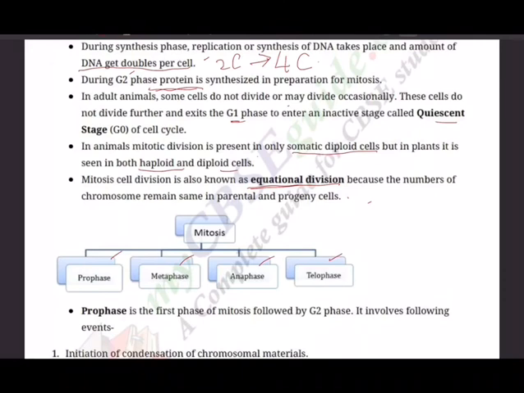As the daughter cells resemble their mother cell genetically, it is also called duplication division or equational division. Mitosis leads to production of diploid daughter cells with identical genetic complement and helps to restore the nucleo-cytoplasmic ratio. It also replaces old cells and helps to increase the number of cells within the organism.